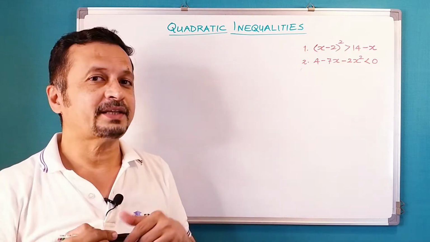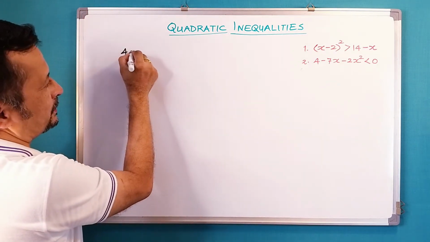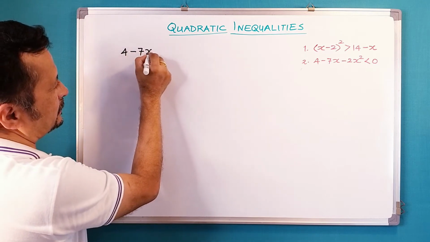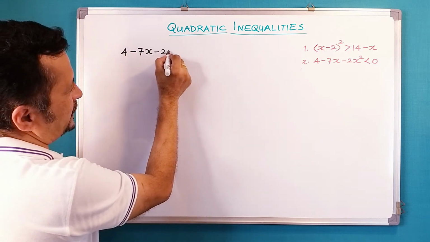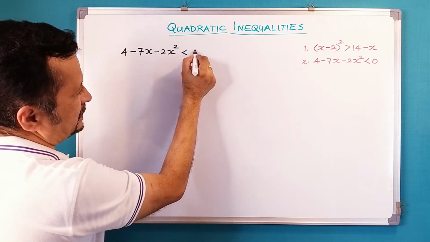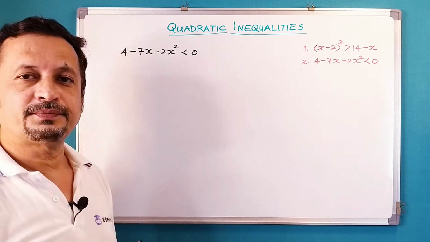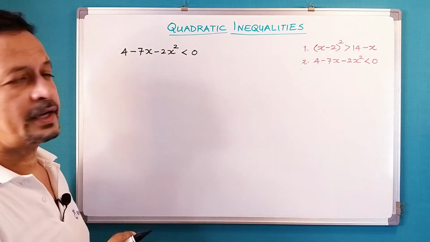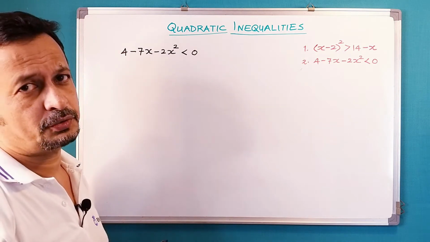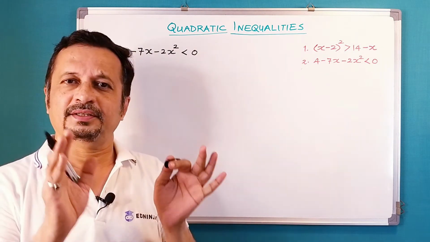Let us take the second example. So now let us go to example number 2. It is 4 minus 7x minus 2x square, it is less than 0. Now how do we do this? Again for this we may need to consider the x-intercepts.